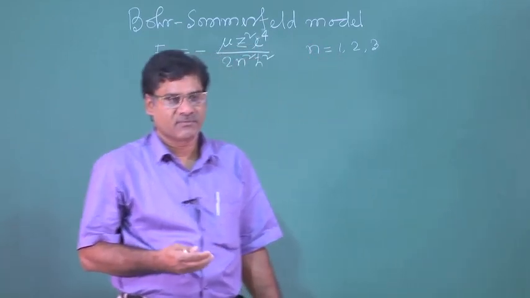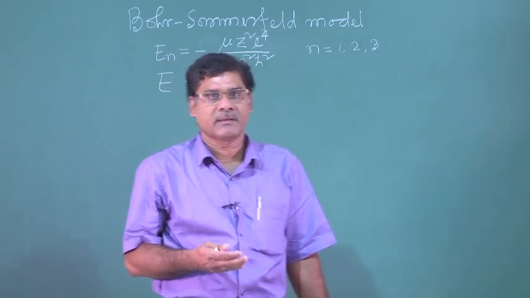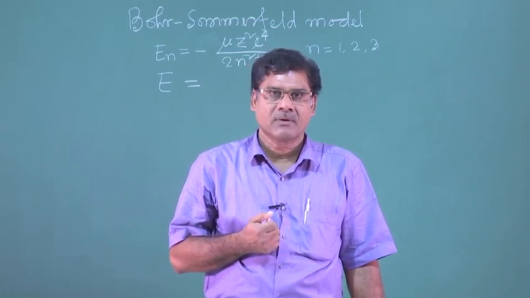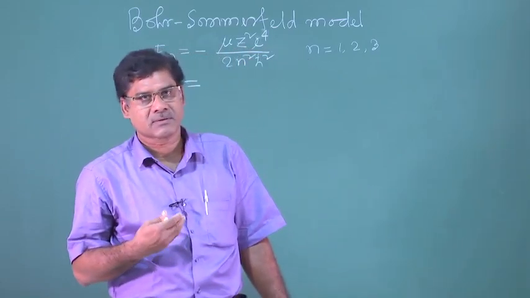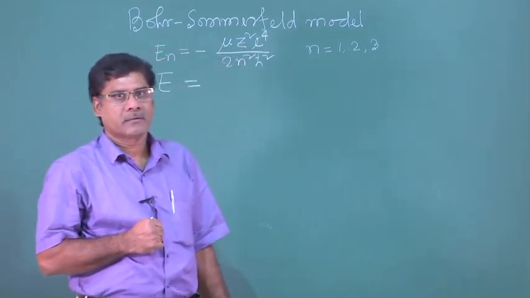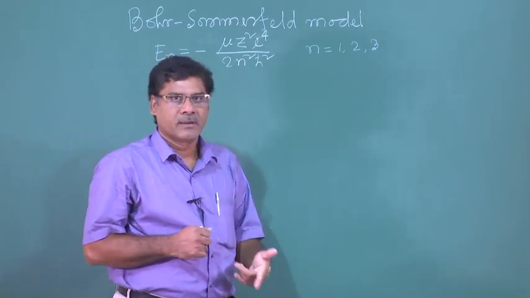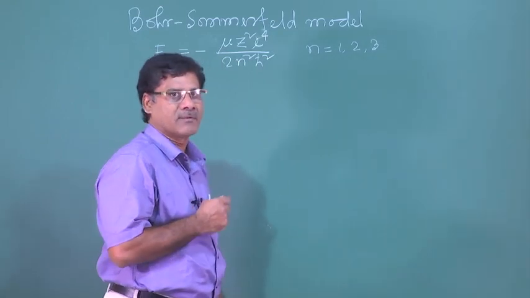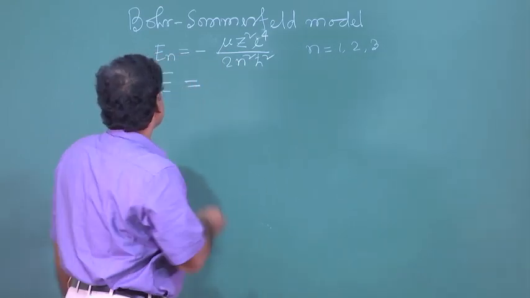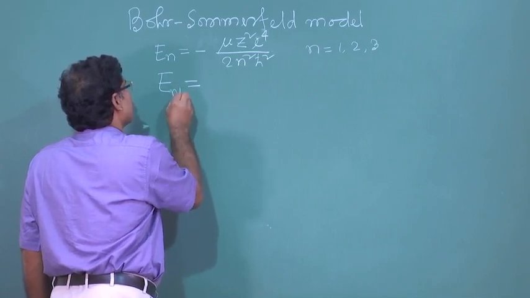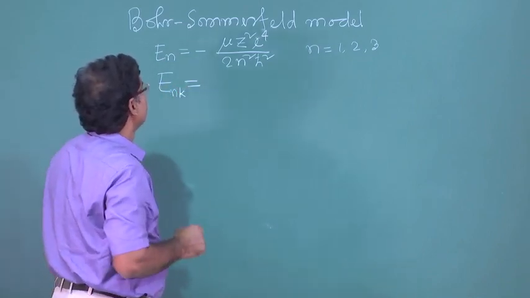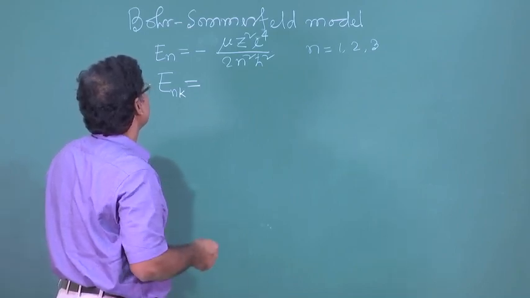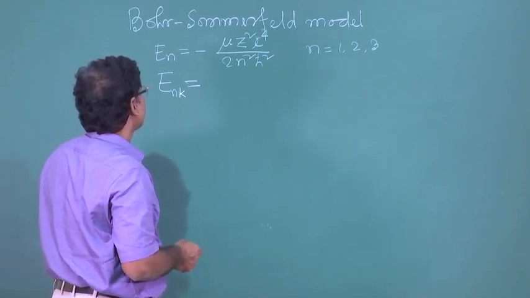If the velocity of the particle is high, close to the light velocity, then one has to consider the special theory of relativity. It is then the relativistic case, not non-relativistic anymore. So this energy is from the Bohr-Sommerfeld model, or the extension of the Bohr model by Sommerfeld.